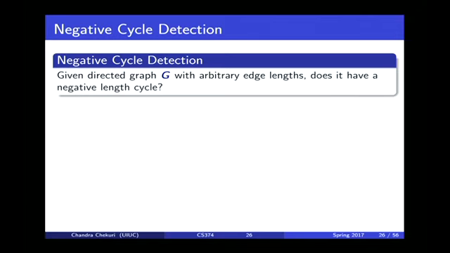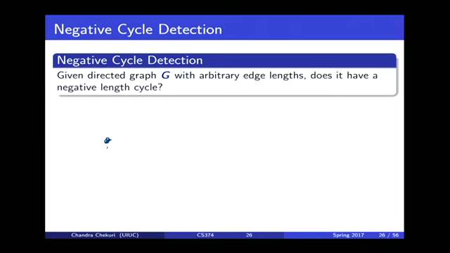Here is a small trick. If you want to check whether a graph has a negative length cycle, you should create a new source such that it reaches everybody. This is a small technicality. Suppose the graph is like this.